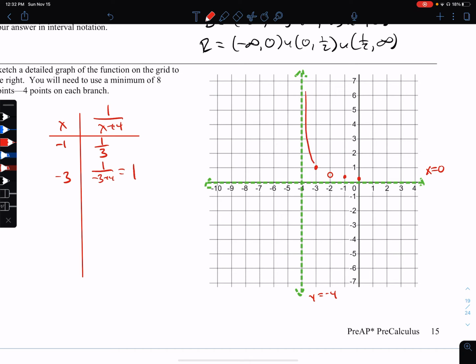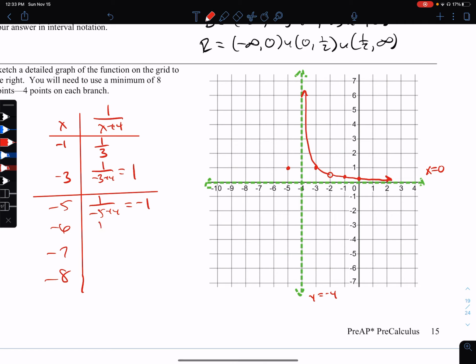This is going to be this type of a shape, where as we continue left and right, this graph is getting closer and closer to the horizontal and vertical asymptote. I have no points for here, so let's throw some numbers in here. Let's try -5, -6, -7, and -8. If I put a -5 in, we're going to have 1 over -5 plus 4, that's going to be -1.